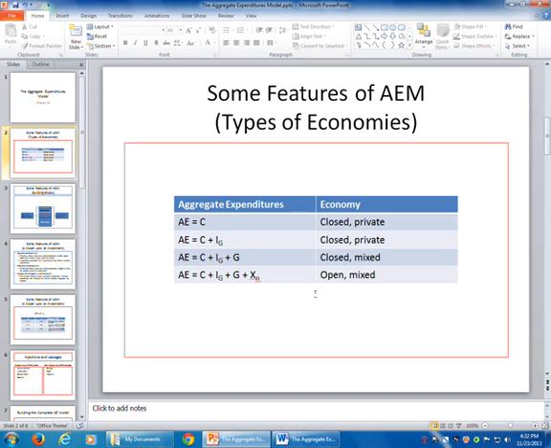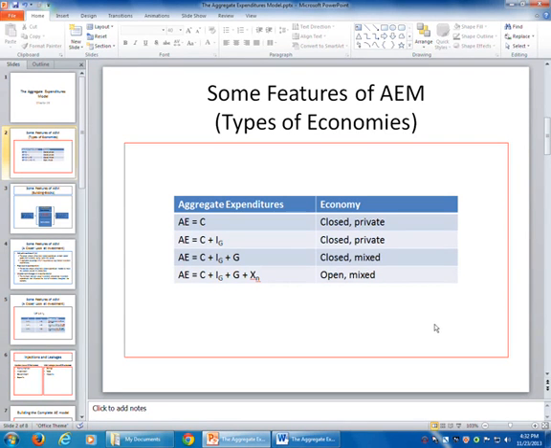So the open mixed economy is really representative of the U.S. economy because we have a large household sector, business sector, government sector, and we do engage in trade. So the U.S. economy is actually an open mixed economy.